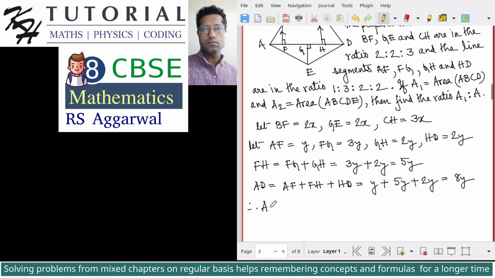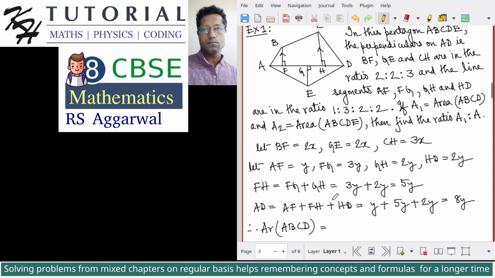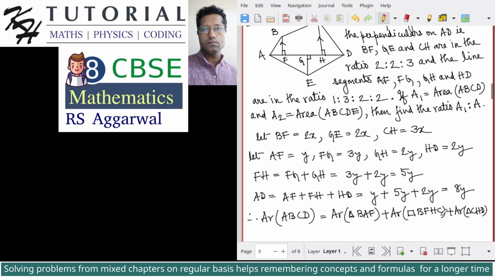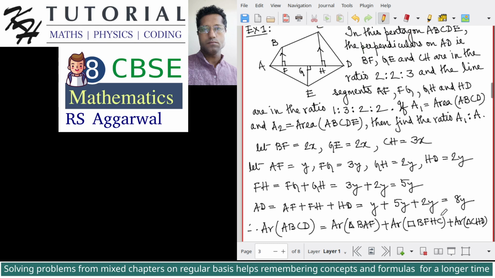Therefore, area, in short I am writing AR, area of ABCD, that is the quadrilateral above the diagonal AD, is area of triangle BAF plus area of trapezium BFHC plus area of triangle CHD. So this will be the area of the quadrilateral ABCD.